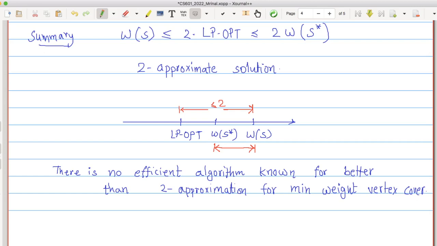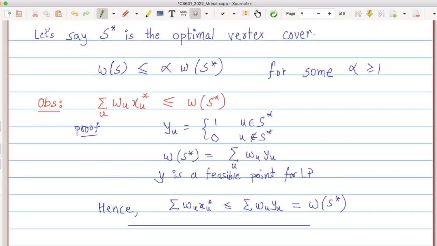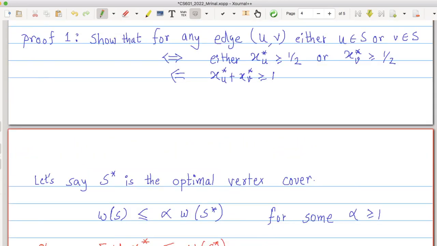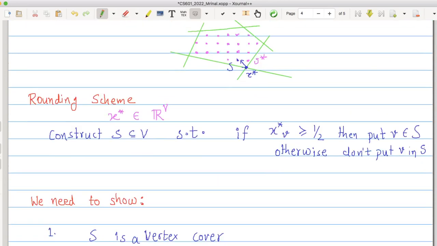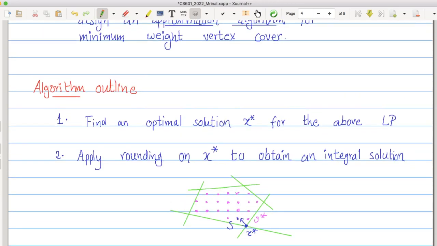So just to reiterate, to use this strategy, there are 2 parts where you need to be clever. One is how to write the linear program, and the second is, once you write the linear program, you will use some standard LP algorithms to solve it. Then how to round it off. So how to convert that fractional solution into an integral solution.